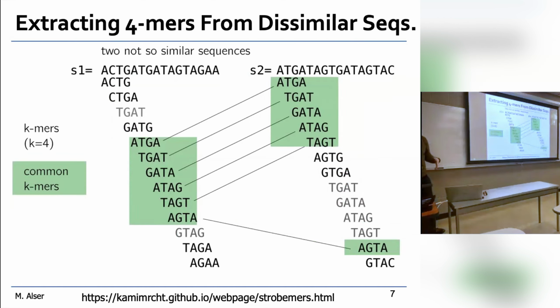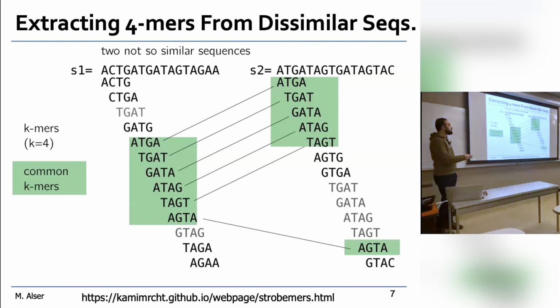The problem also persists on the other side of the story, which is when we have totally different sequences that are not similar at all. But because we have some repeated region somewhere in both of them, we could get false matches, and those false matches do not represent similarity.